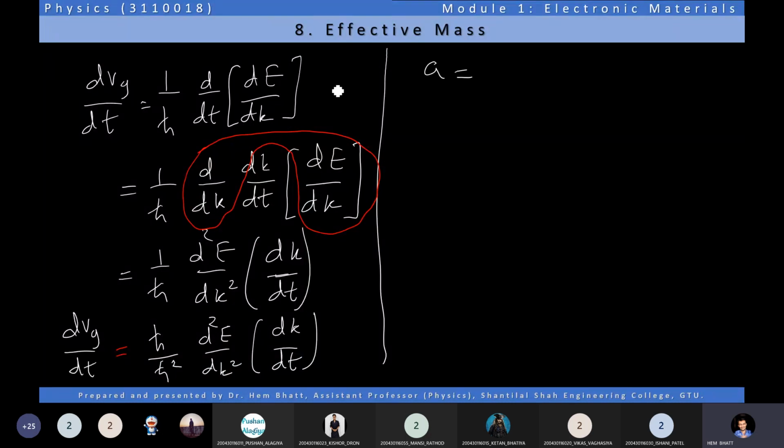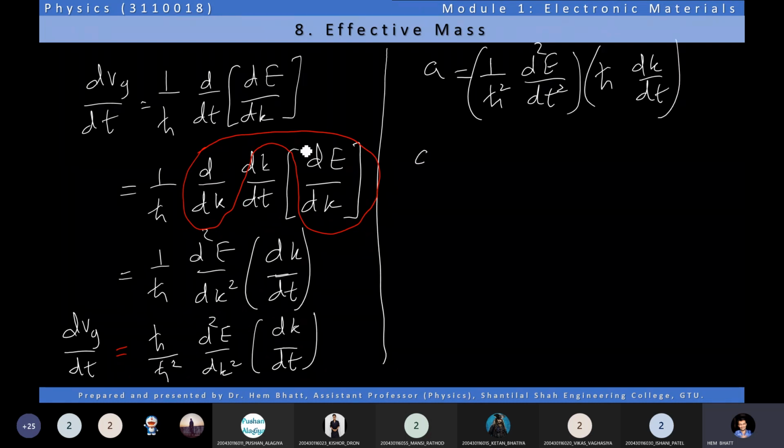So acceleration is 1 by h cut square d2E by dk square into h cut dk by dt. The last term I can write as F external.